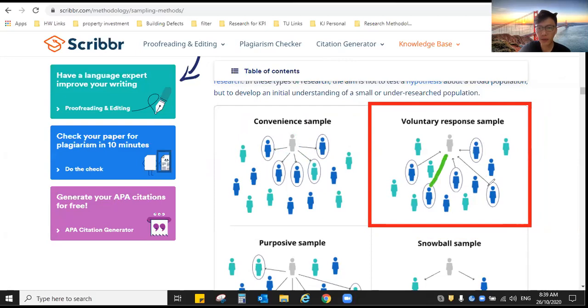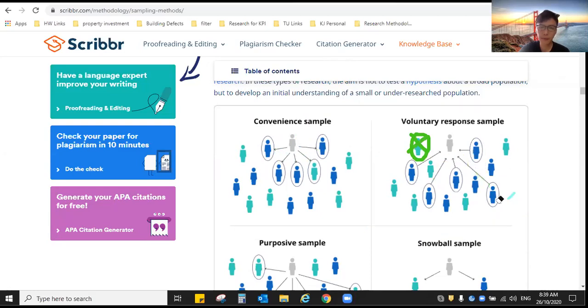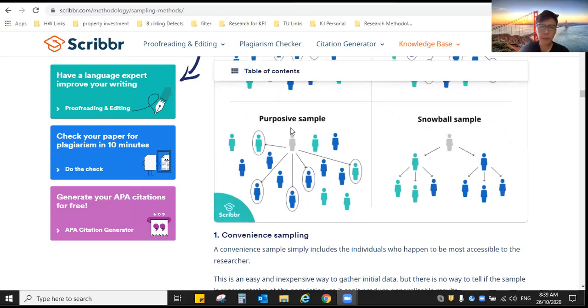Some people are so near to you, but they do not volunteer, so this guy is not doing it. So this is voluntary. The third one is purposive. The fourth one is snowball.